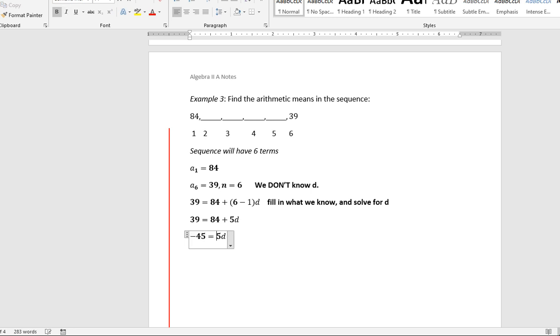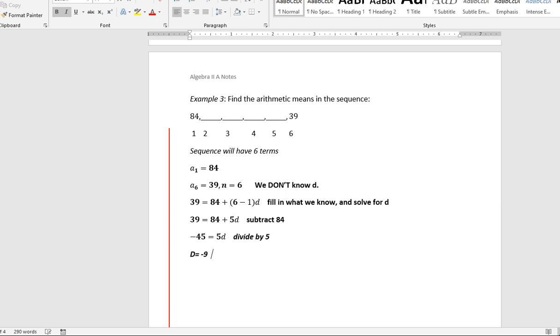And then we solve by dividing, so let's just say here, fill in what we know, solve for d. We simplified that to 5d, subtract 84, and then we will divide by 5, and we will get that d equals negative 9.